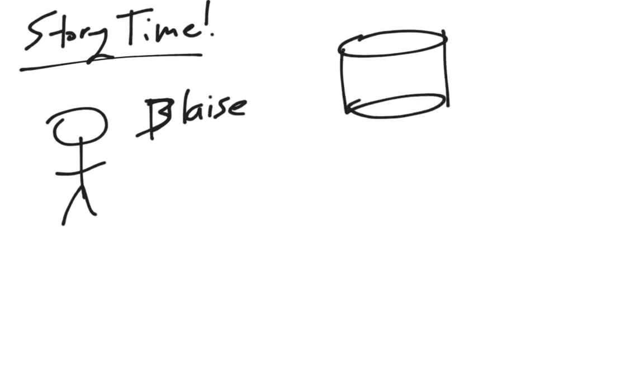Like that. And his boss tells him, hey, Blaze, you gotta make me a can, and the can has to have a volume of 16 pi units cubed. And first off, it's got to be a right cylindrical can, so we're dealing with a cylinder.